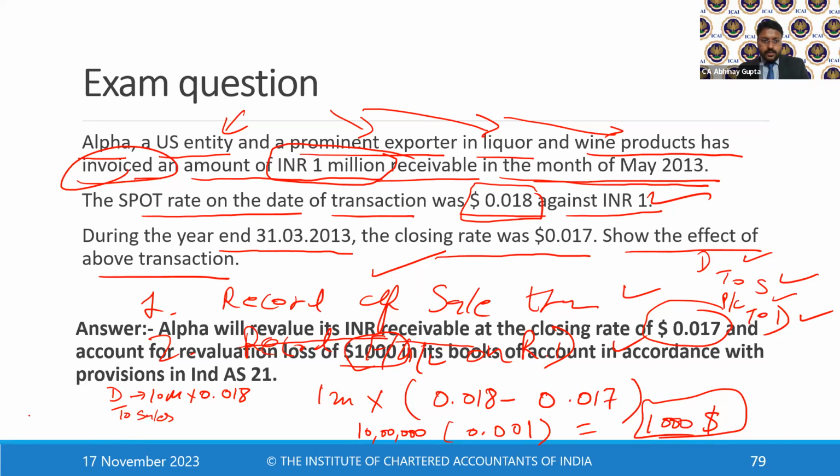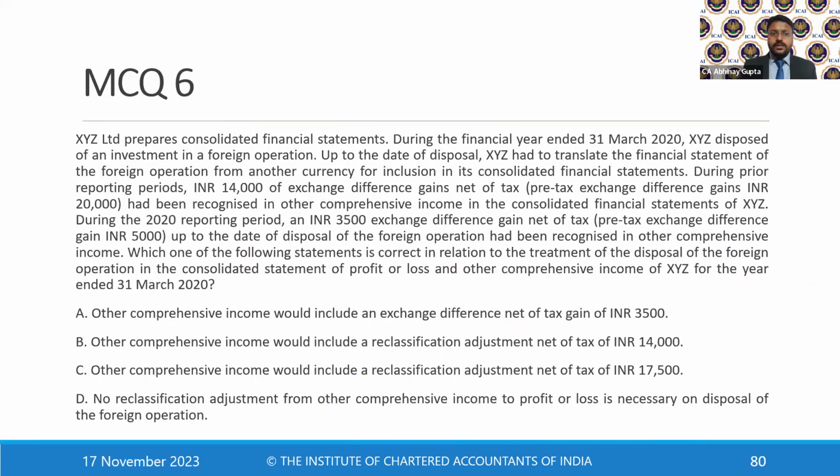And now P&L debit by $1,000 to debtor by $1,000, right? This would be the second entry I would be recording. So this is the accounting impact of this. So the question was very easy. It's just a matter of clarity of the concept, how this needs to be done and how the journal entry needs to be passed. Okay.